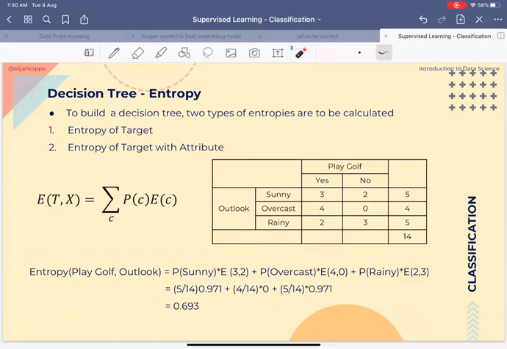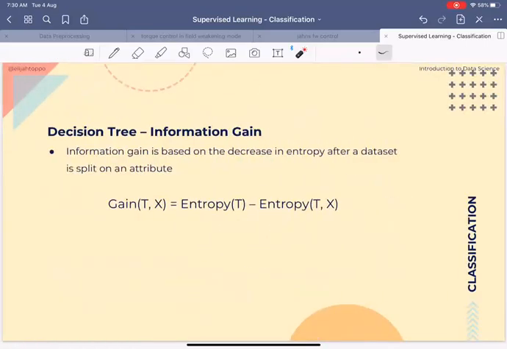Okay. So when we take both of these numbers and add them, for playing golf with the attribute Outlook, our entropy looks like 0.693. Okay, so that's good. Then we talk about one more interesting term called information gain. Information gain is based on the decrease in entropy after a data set is split upon an attribute.